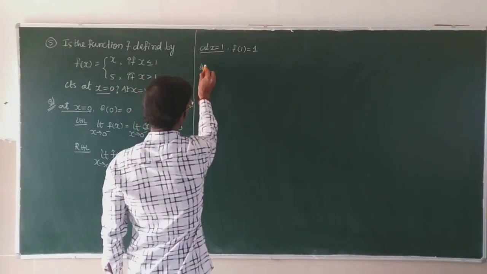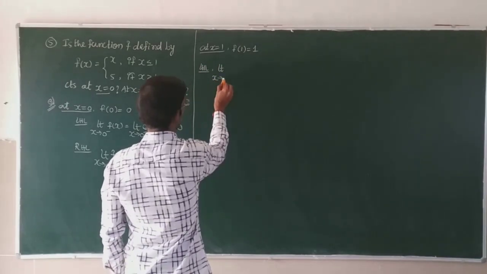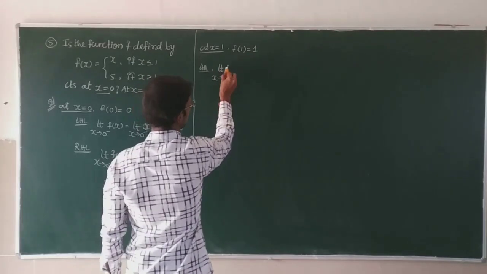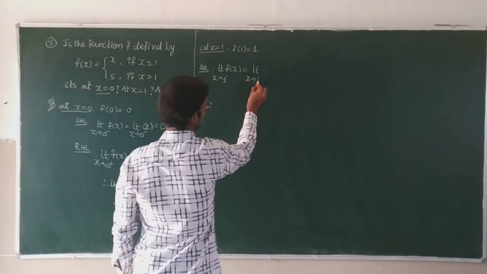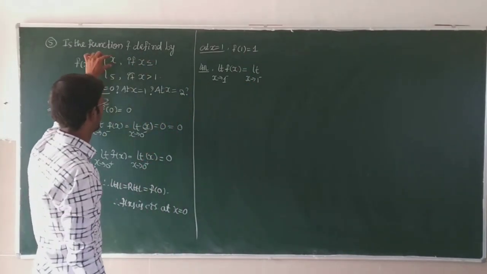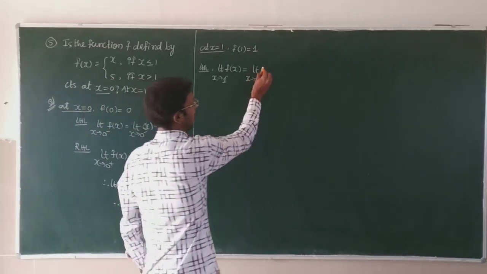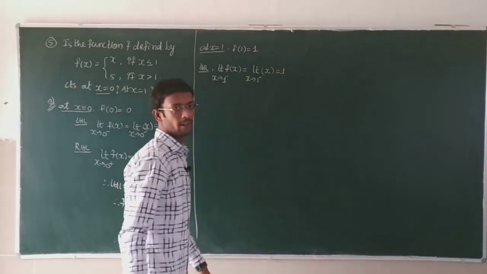Next, LHL. Limit x tends to 1 minus f of x is equal to limit x tends to 1 minus. 1 minus means less than 1. For less than 1 the function is x, so approximately we can substitute 1.